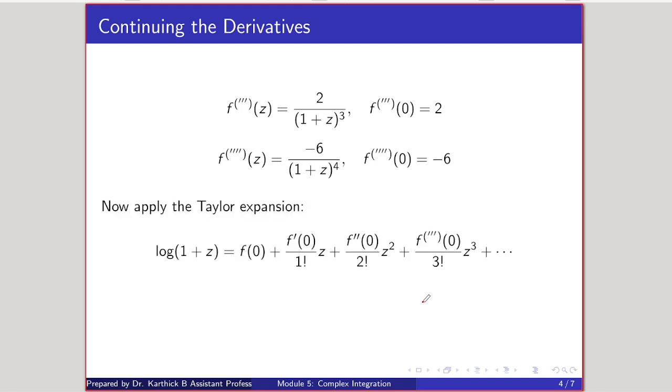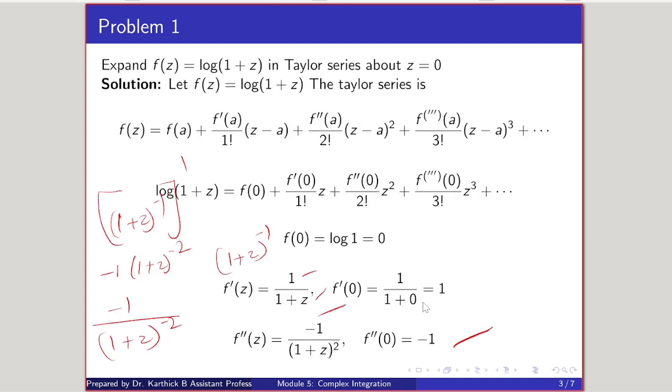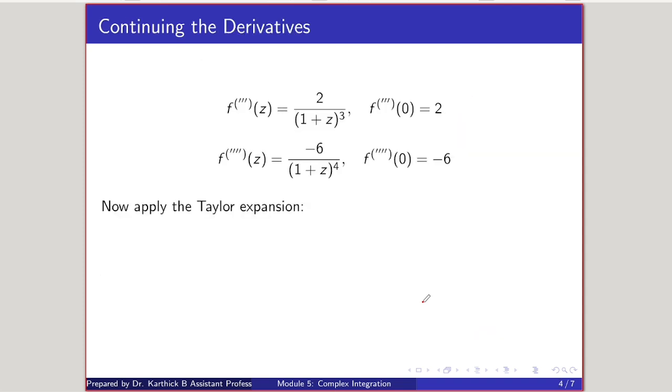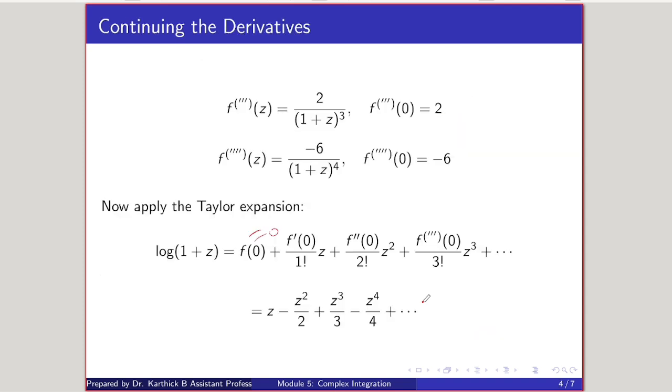Then just substitute in the given formula. f of 0 becomes 0. Then f dash of 0 will be 1, so the z term is simply z. Here f double dash of 0 becomes minus 1, so it will be minus z square by 2. 2 factorial represents 2, both are the same.